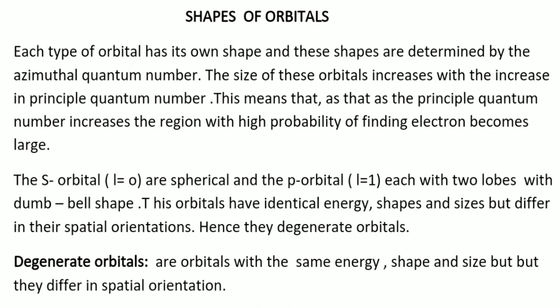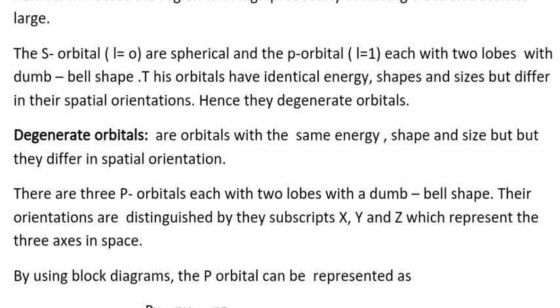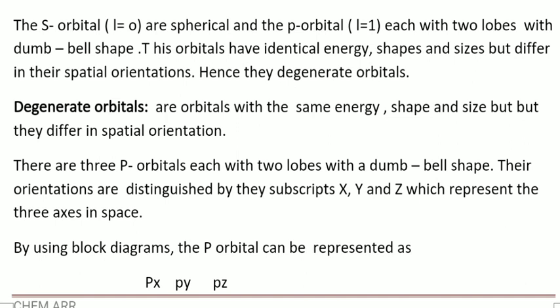So if you are asked, degenerate orbitals are orbitals with the same energy, shape, and size, but they differ in spatial orientation. There are 3 p orbitals, each with 2 lobes with a dumbbell shape. Their orientations are distinguished by their subscripts x, y, and z, which represent the 3 axes in space.